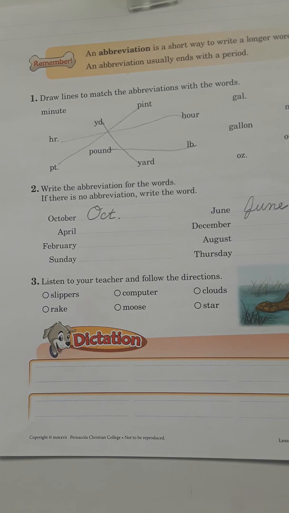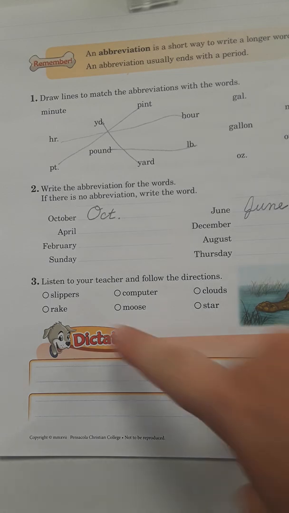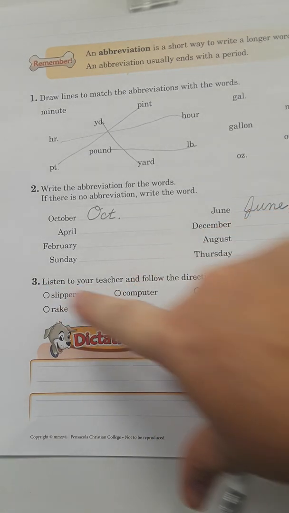So make sure you have your green crayon ready. Our new puppy dragged one of my blank under the bed and chewed it. What did he drag under the bed and chew? Slippers. Color the circle green.